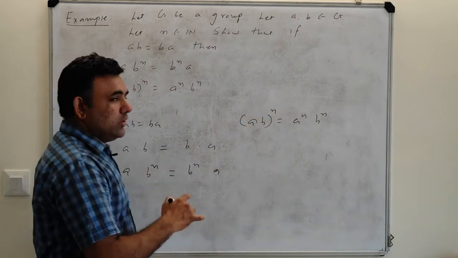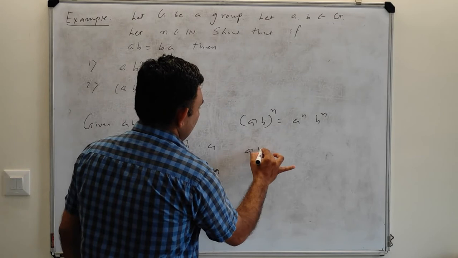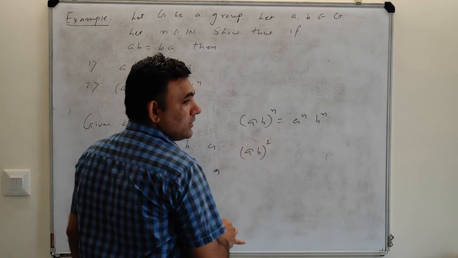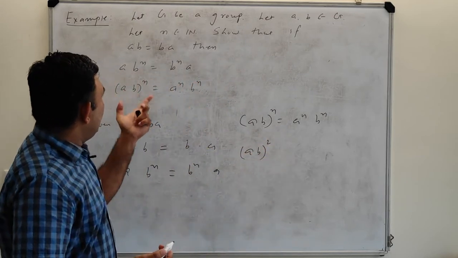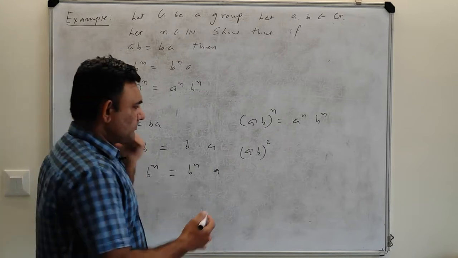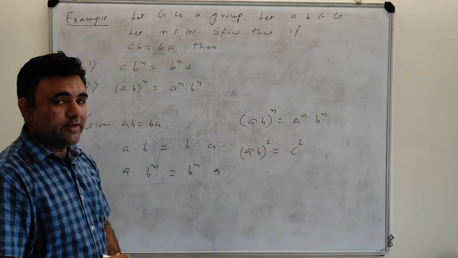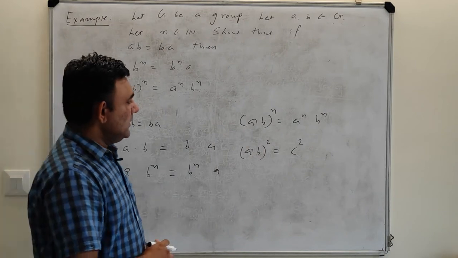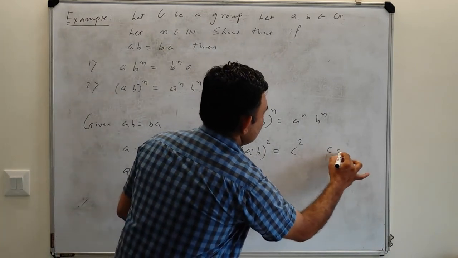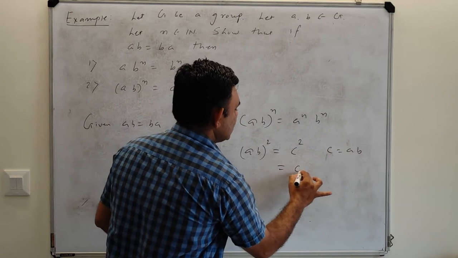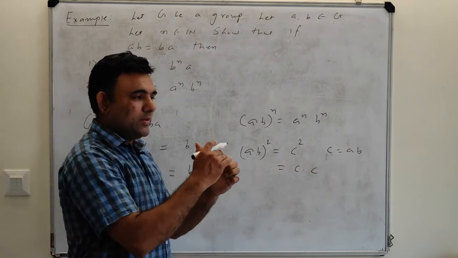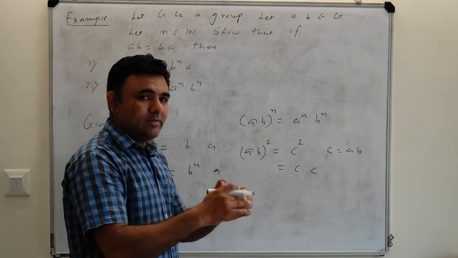It is not true always. See, suppose (ab) squared, and suppose I don't have any information like ab equal to ba, then what? It is c squared, where c is equal to ab. So c squared means c into c, as we have seen. Some element raised to a power means that element, that n times.